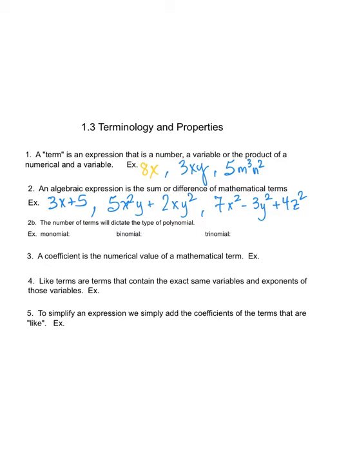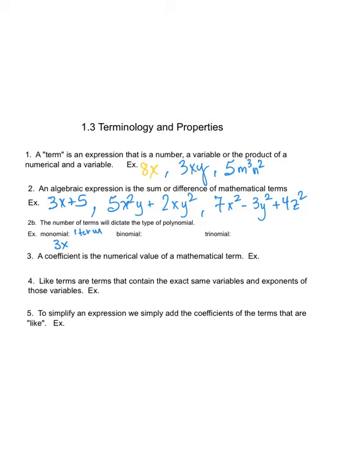All right. Going on. The number of terms in an algebraic expression will determine the type of polynomial that it is. So if there's only one term, it's called a monomial. One term, 3x. If there's one term, ladies and gentlemen, it is a monomial.